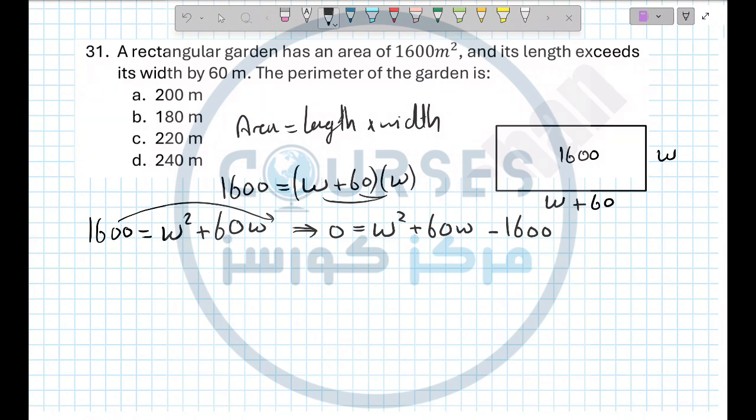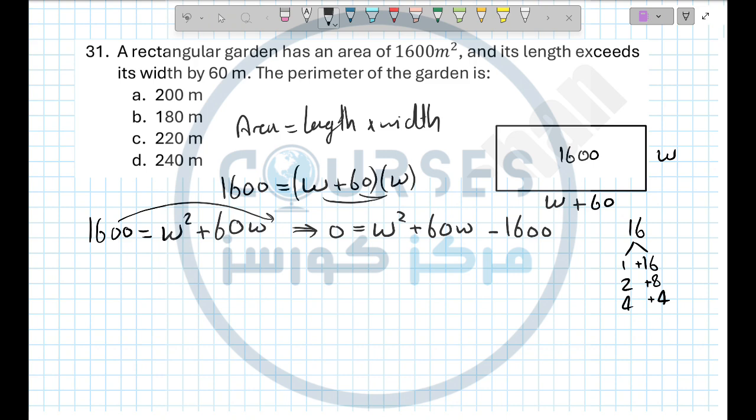We need to factor this one to know what W is. My advice is ignore the zeros and put them at the end. Just take the 16. 16 is 1 times 16, 2 times 8, 3 we don't have, and 4 times 4. The first number is positive.